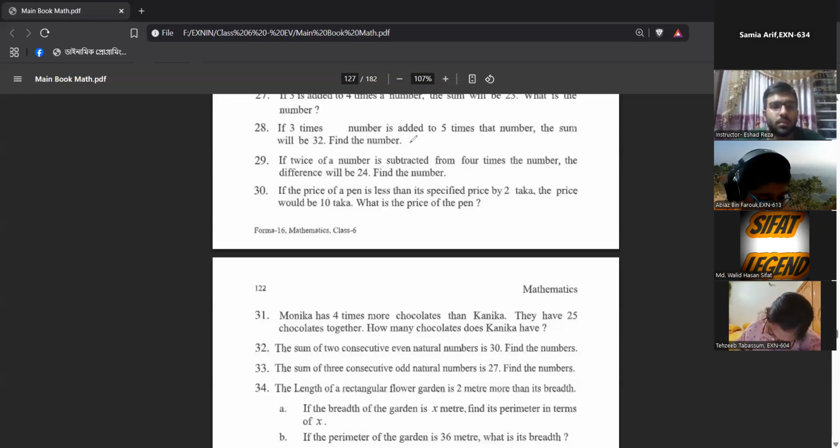X equals 4. So you're saying that the answer to number 28 is x equals 4. Can you tell me what your equation was? 5x plus 2x equals 30. 8x divided by 8 equals... wait, wait. 1 second.